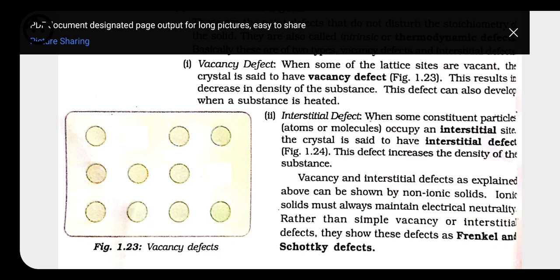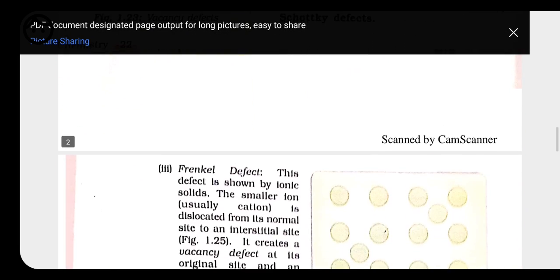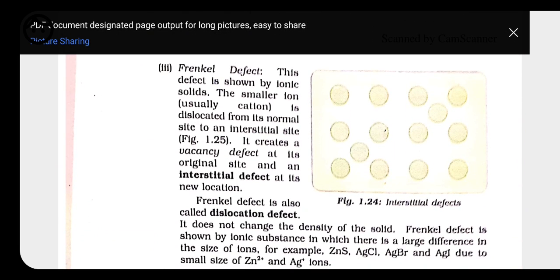So here what happens? See, once again I will show you the interstitial defect. This is the structure for the interstitial defect. Here we should have 4 atoms present in a row, because it is a non-ionic compound.